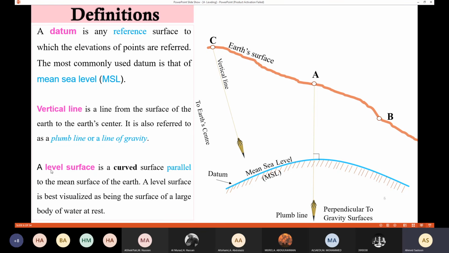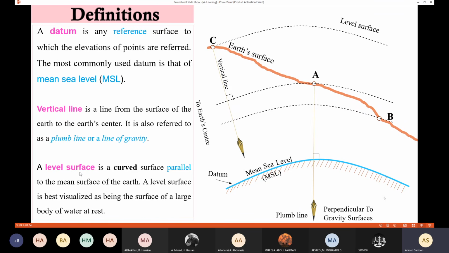Also, we have a level surface. A level surface is a curved surface parallel to the mean surface of the Earth. So, for example, the level surface of point A is going to be a curved surface parallel to the MSL.